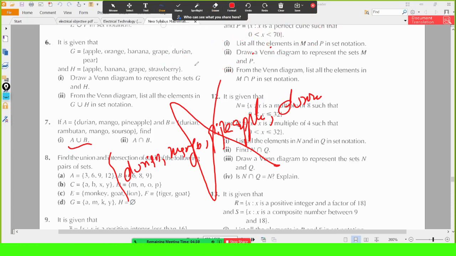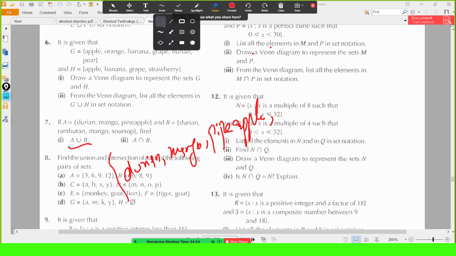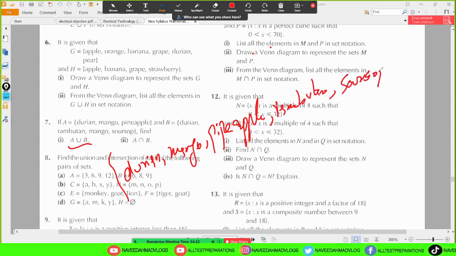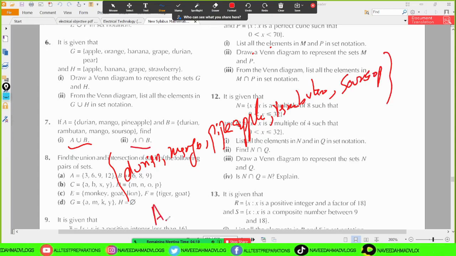So, already written, this is not, so you write this in the union. Mango is already written, so this is your A union B. What will A intersection B be?